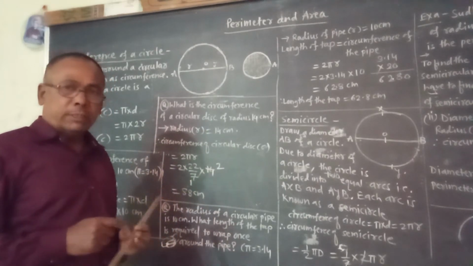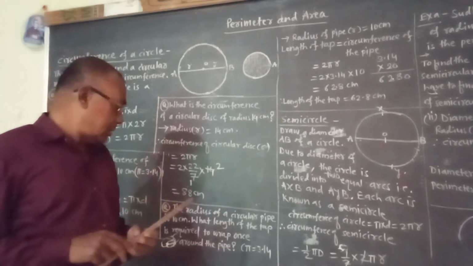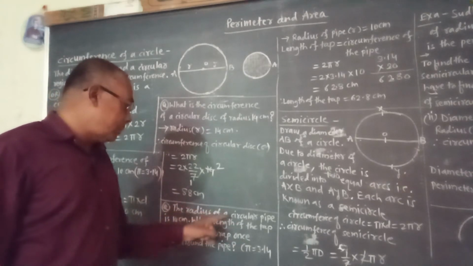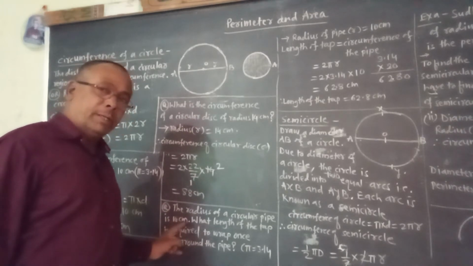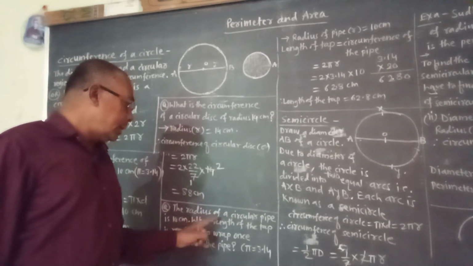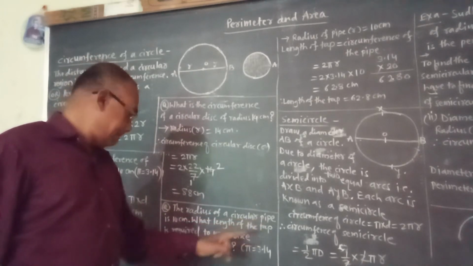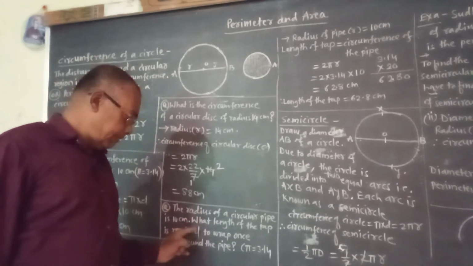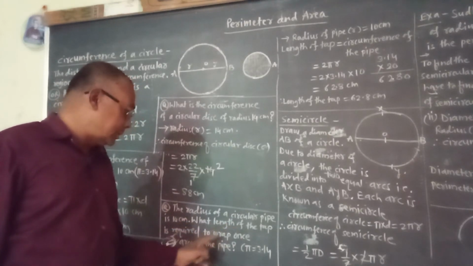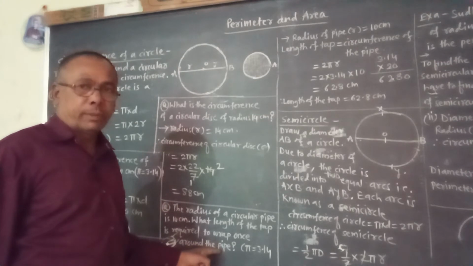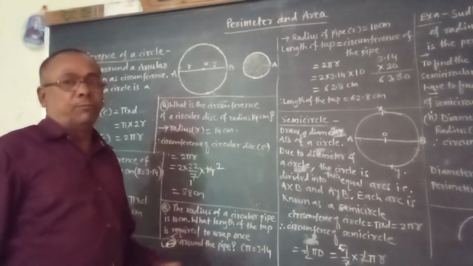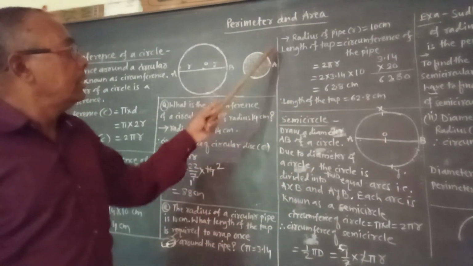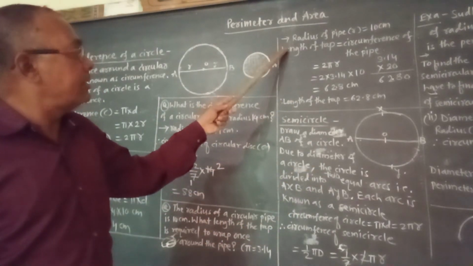Again, we will see one more example. The radius of a circular pipe is 10 centimeter. What length of tape is required to wrap once around the pipe? Here pi is equal to 3.14, and we will write the answer.